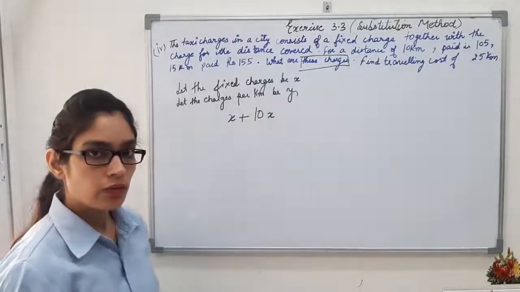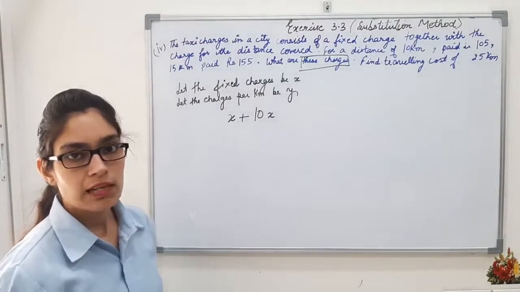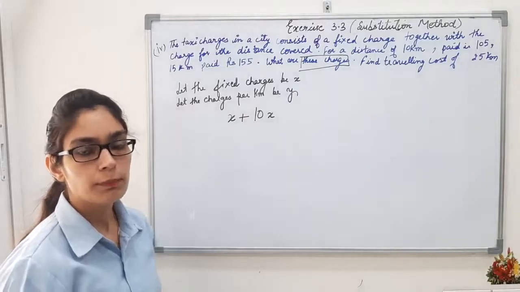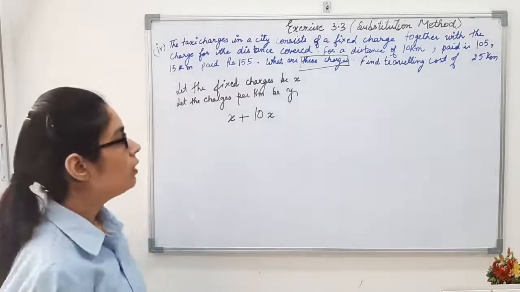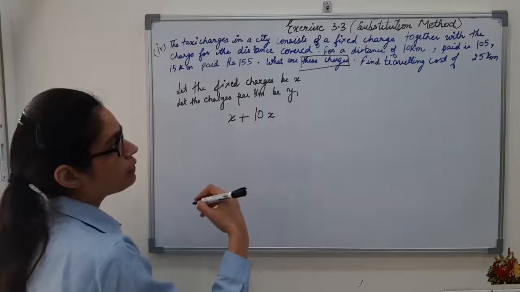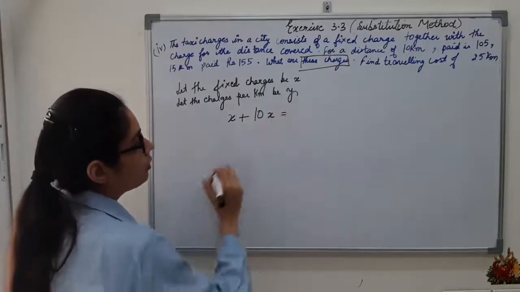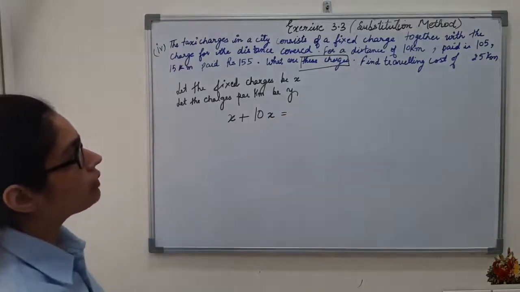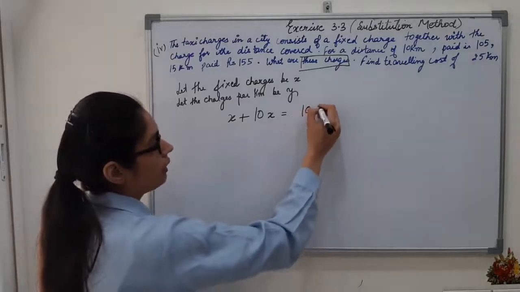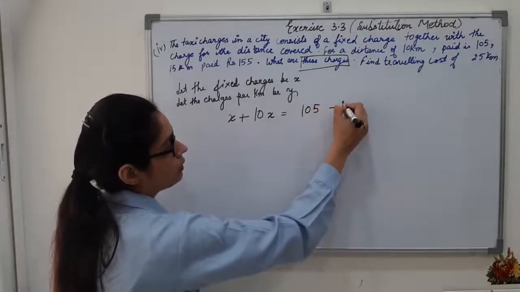Like if per kilometer is 5 rupees, for 5 kilometers it will be 5 into 5, 25 rupees. And they have charged 105. This will be our first equation.